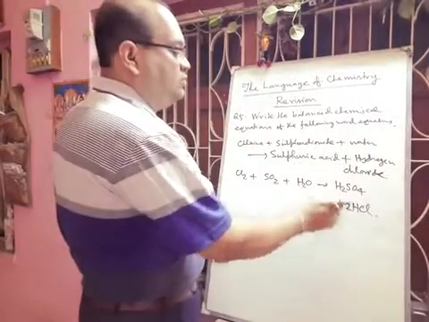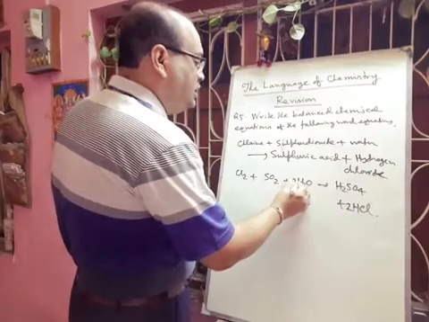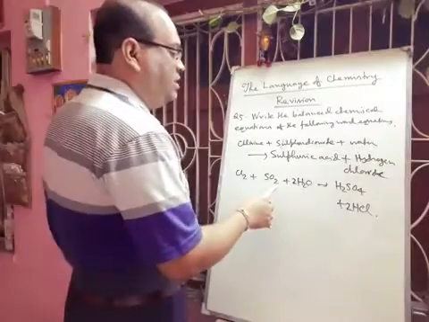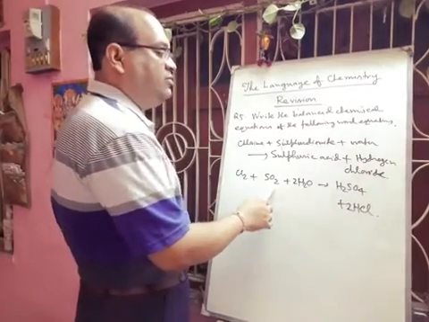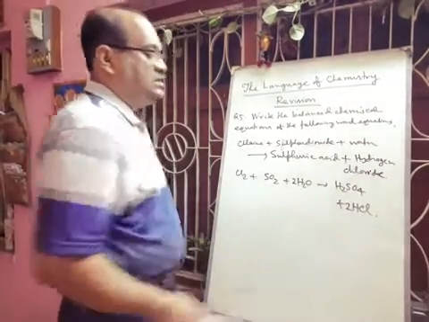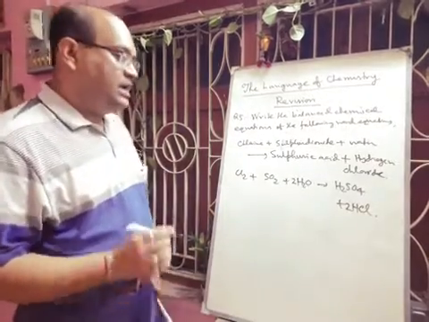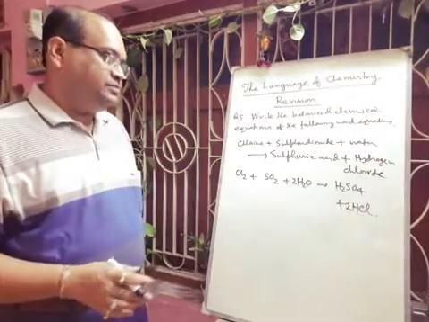Here 2 plus 2, 4 hydrogen is there, here 2 hydrogen is there, so if you multiply it by 2 then it is coming twice H2. So total number of oxygen on this side is 2 oxygen plus 2 oxygen, 4 oxygen, here also 4. Now it is balanced. So now this is a balanced chemical equation. So in this way, by hit and trial method, you have to balance the chemical equation. Okay.